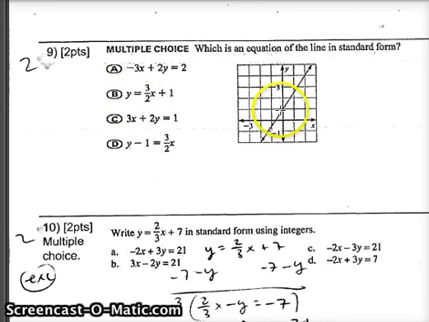All you have to notice here is that my y-intercept is positive 1. And I have a rise of 2. And then, oh no. Let's see, 1, 2, 3. I have a rise of 3 and a run of 2. That would give us A is your correct answer. Is that right? No, that's positive 1.